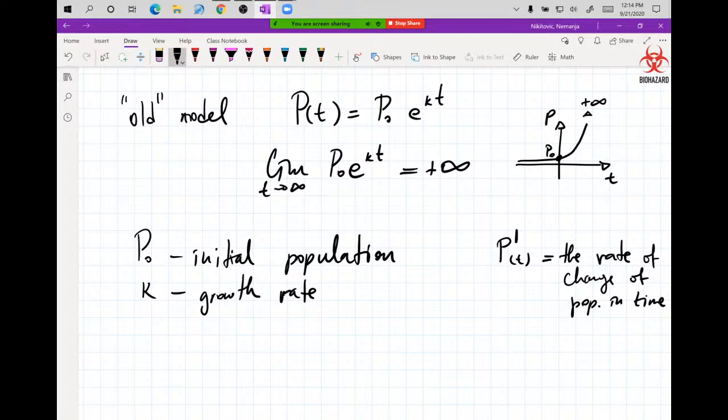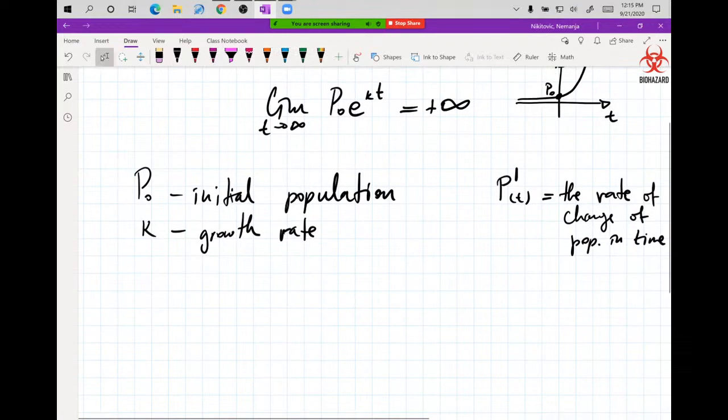And k also depends on the conditions. So is there enough food? What's the situation with predators? And the male to female ratio also impacts k. That's actually a very good exercise, to take a look at k.